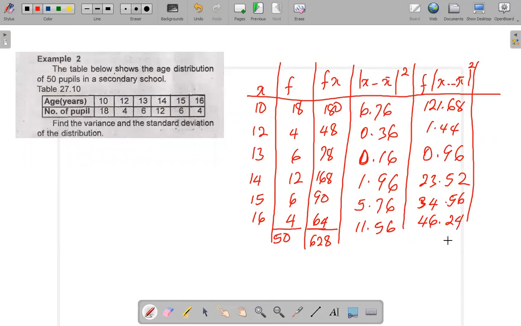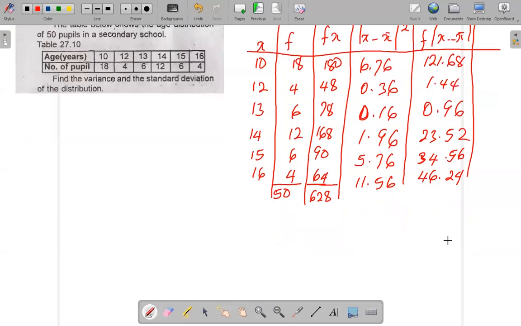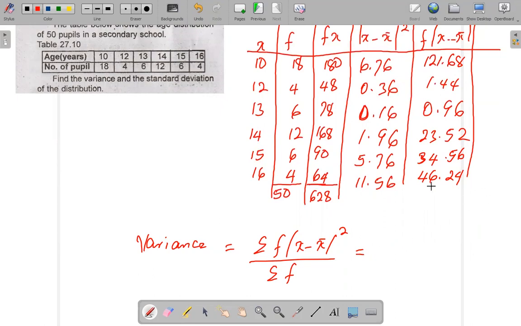Remember that our variance, let me write it in full, is equal to summation F times X minus X bar squared over summation F. Now, if we add up all of this, everything added together here gives me 228.4.